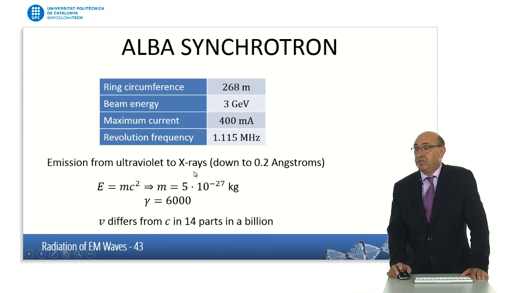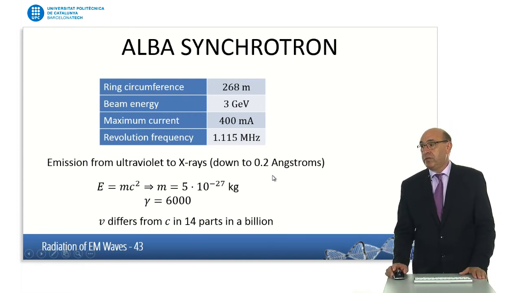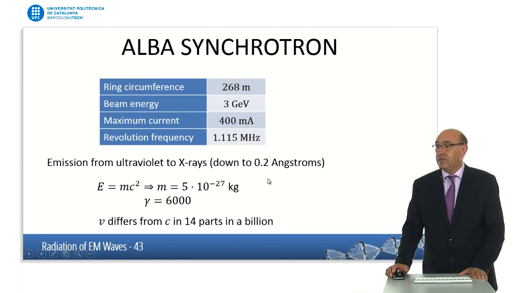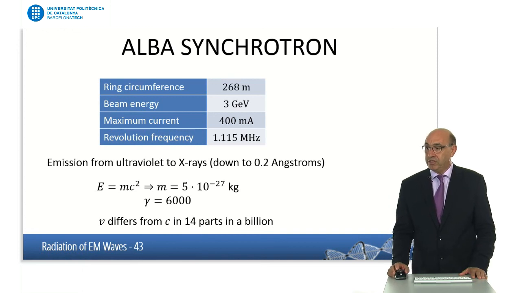And it produces very powerful beams, which are normally called beam lines, from X-rays to 2.2 angstroms, and they can be tuned for different applications. The synchrotron will try to serve the scientific community and also industry.